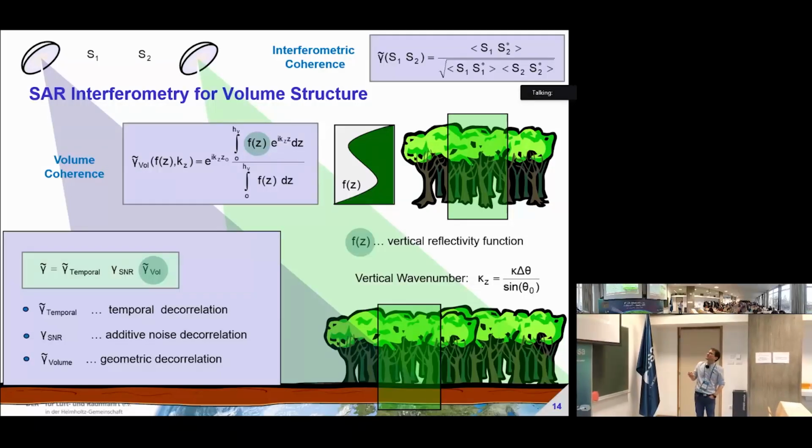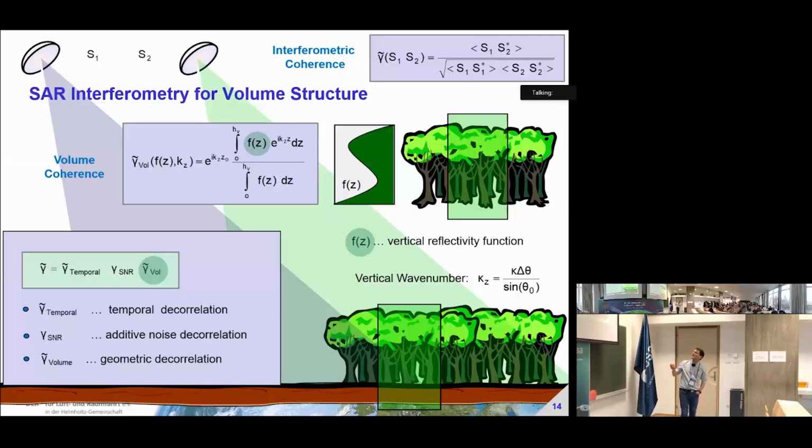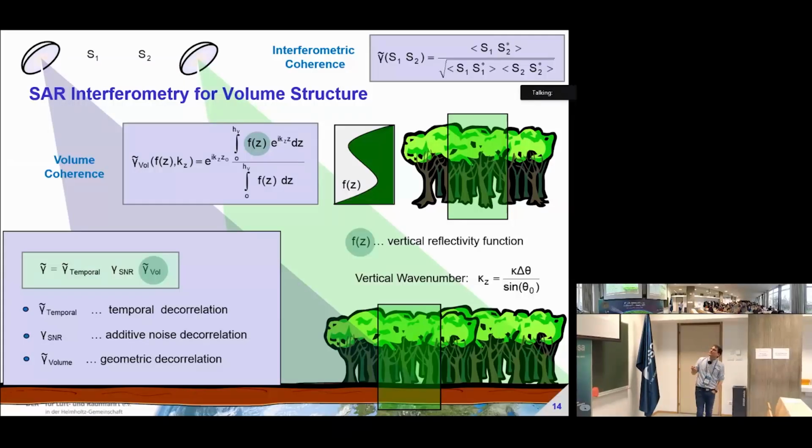And then you have a number which is called kappa zeta. Kappa zeta is the vertical wave number. And you see here, it depends on the delta of incidence angle. So it depends on the difference of viewing angle that you have just because of the baseline in between. So the larger your baseline, the larger this delta theta, the larger this number kappa zeta. It's a real number. And you see that it changes a height to a phase.